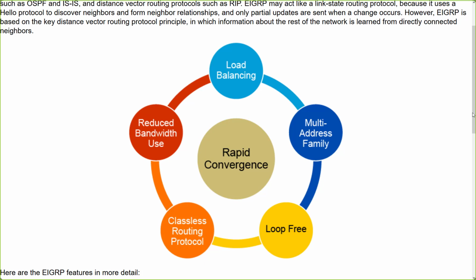But the only time we really should ever have to send out an update is if something changes in the topology, right? Or if a new link comes up or a link goes down. Those are the only times we should really have to propagate information about routing, because everything should be stable and not really changing much, right? So what they mean by reduced bandwidth usage is that EIGRP does triggered and incremental updates as opposed to periodic updates.